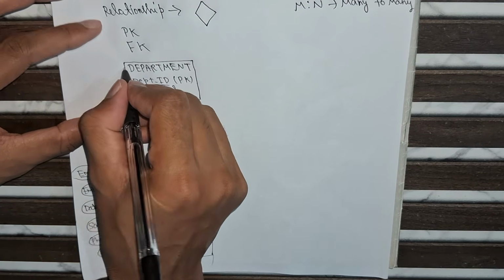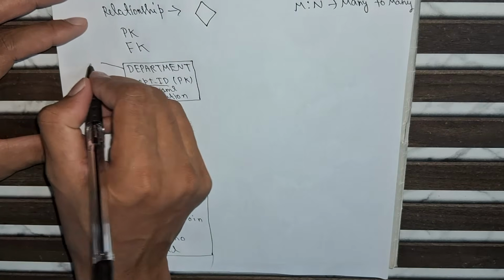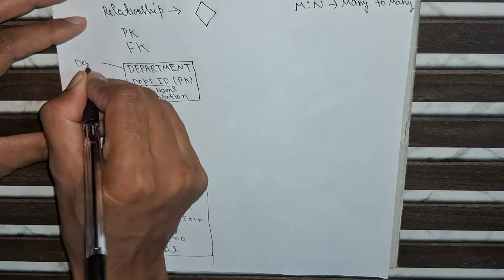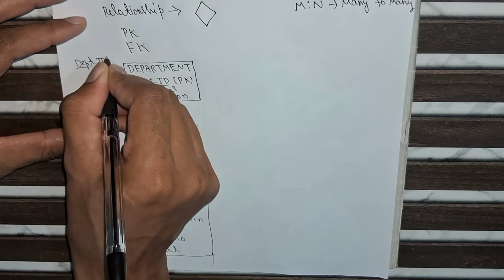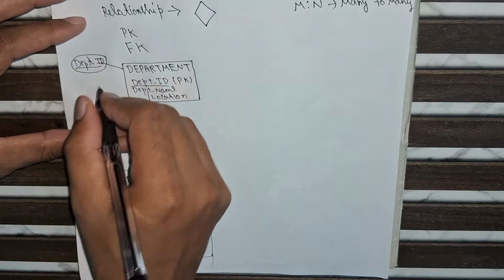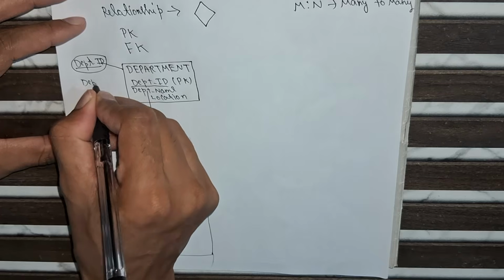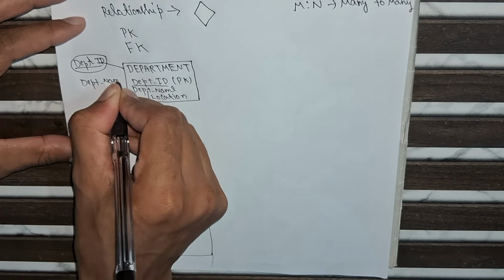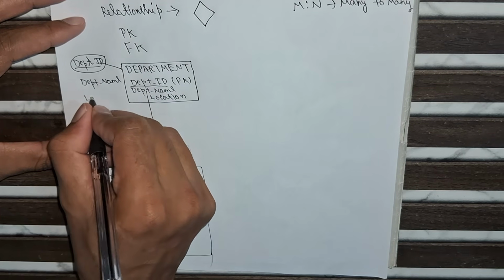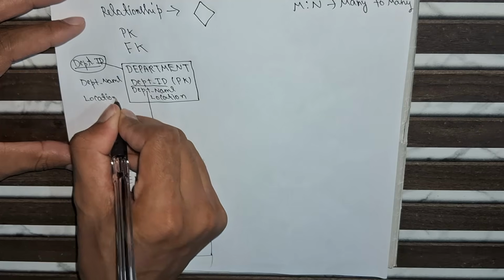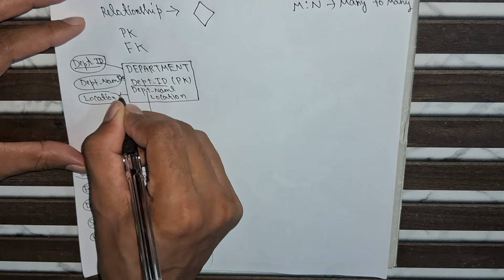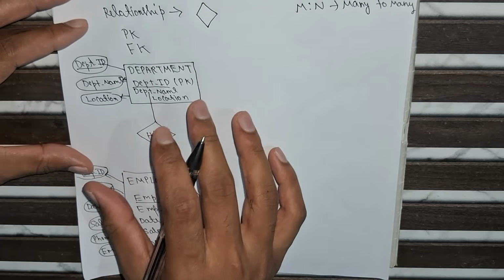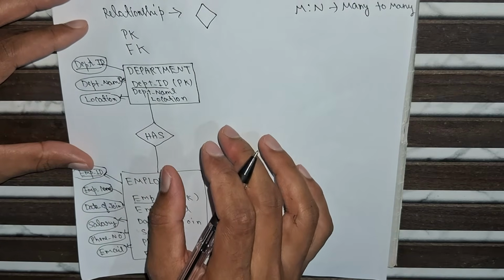Now we will represent all these attributes in an ellipse shape. So here we will write department ID, this is underlined because it is a primary key. Now department name, then location. You should write this neatly; I am just writing it so you can understand it easily.